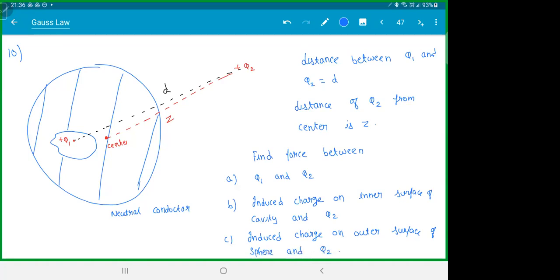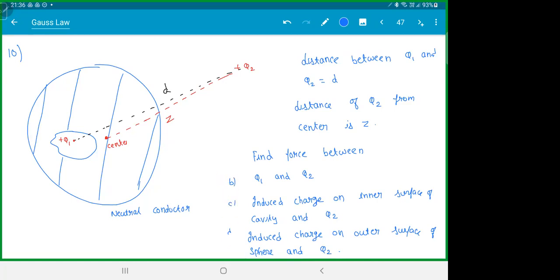Let's get this. So we kept a charge Q2 outside and Q1 there. Will I be able to find this? Let's do this thing. Before that, let me ask you this. First, let's draw the charge distribution.